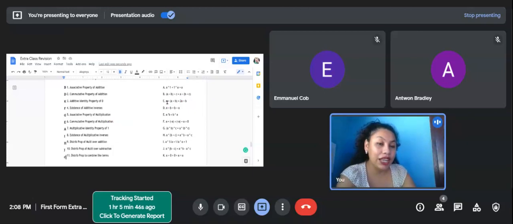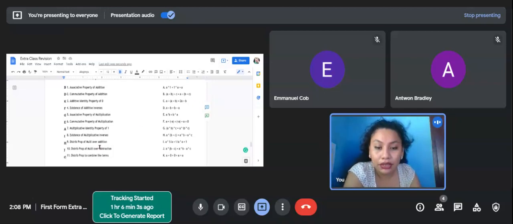If we take a look at letter C, I have A on the outside and I have A inside of the brackets. So now that means that when I times it by everything that is on the inside, I just want to get the two A's together. I don't want to have the two A's separated. So I am combining like terms.